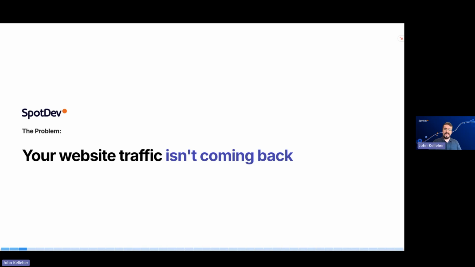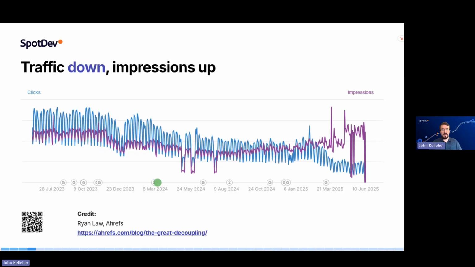I'm sure that this chart, if you are constantly looking at your website metrics and your SEO metrics through Google Search Console, etc., is not unfamiliar. So what does this represent? Well, the blue line shows clicks within a search engine, and the purple line shows impressions in search.